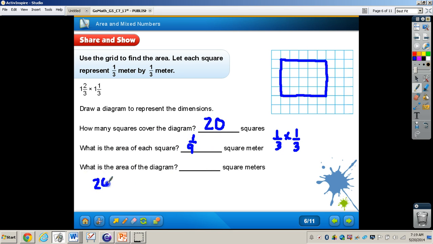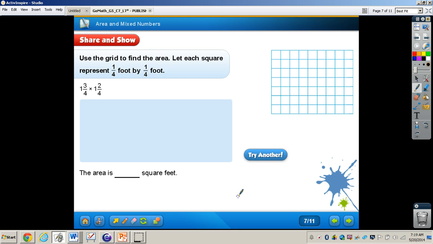So we take 20 times 1/9, multiply numerator by numerator, move the denominator over, 20/9, which simplified is 2 2/9 square meters.